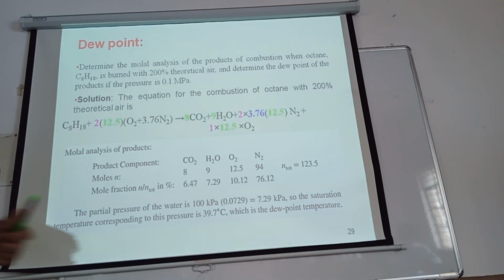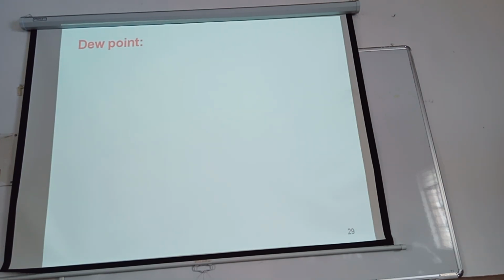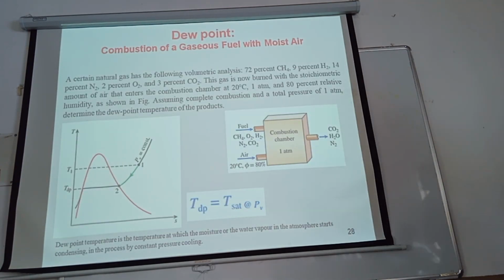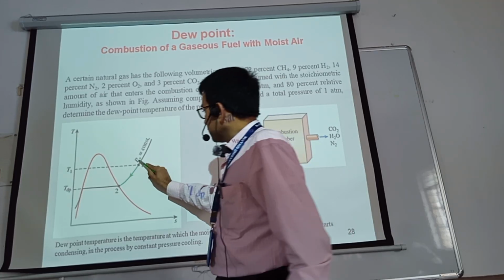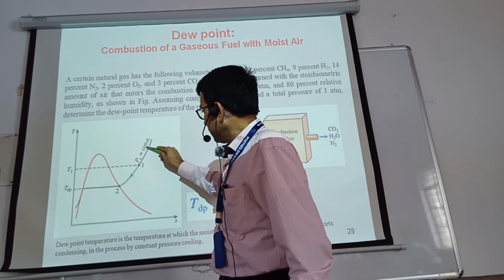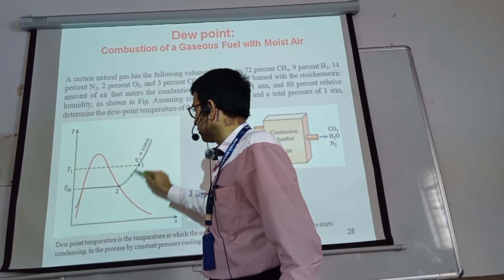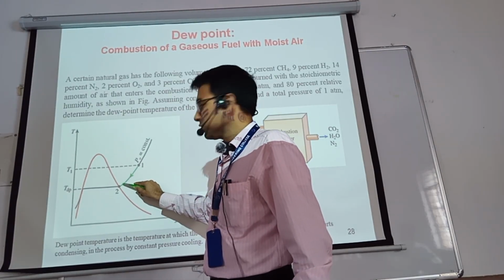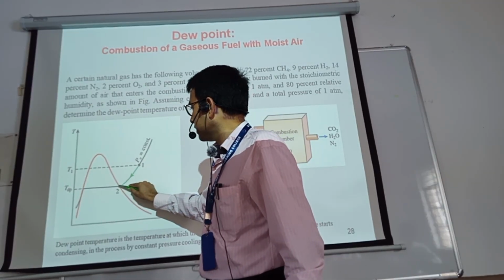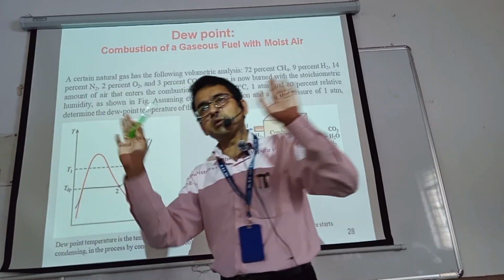We have discussed in the last class that this is the dew point. If this is known, then I can calculate the saturation temperature at this pressure from the steam table. So you can determine the temperature at this pressure from the steam table simply.